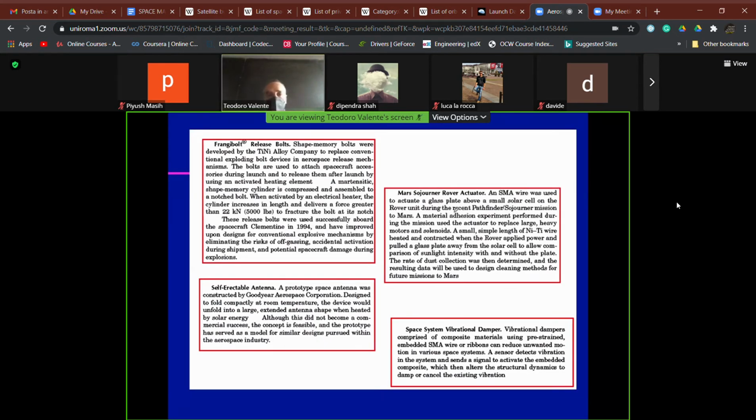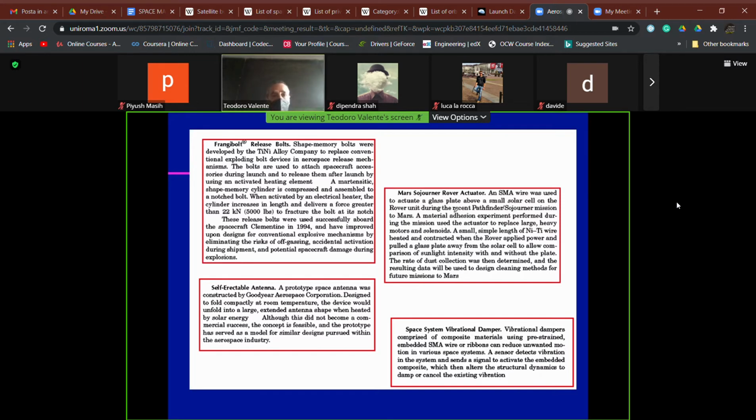Other applications of shape memory alloys which have been tested, proven, and exist, in the special case of Nitinol, which as I told you is the alloy interesting for us, include the release of bolts. These shape memory bolts were developed and used to replace conventional exploding bolt devices in aerospace release mechanisms.